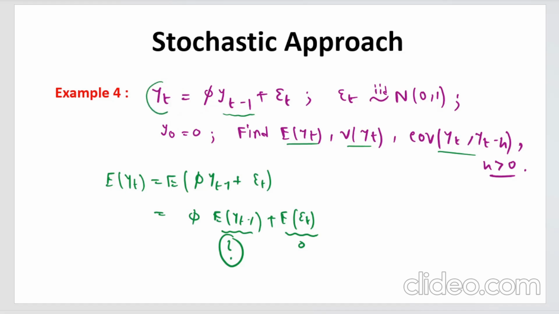Yt is a random term, yt minus 1 is also a random term, but only the distribution of epsilon t is given to us. The distribution of yt minus 1 is not given to us. If yt minus 1 were specifically mentioned to follow some particular distribution, then this value would be known.